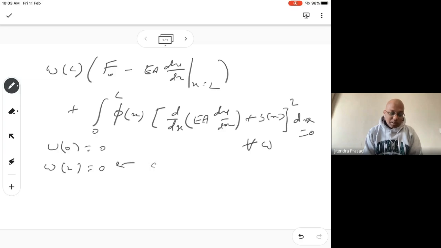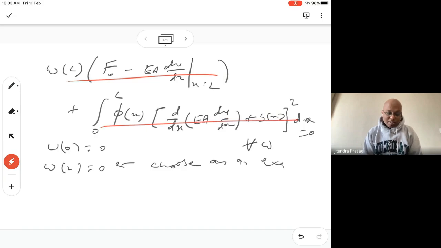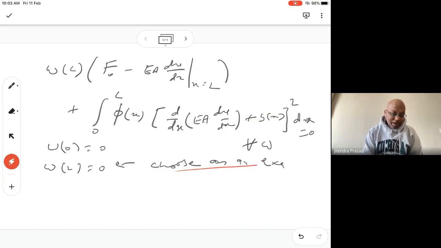You choose it as an example, because if something is true, it has to work even for one example. So you can choose WL equal to 0.